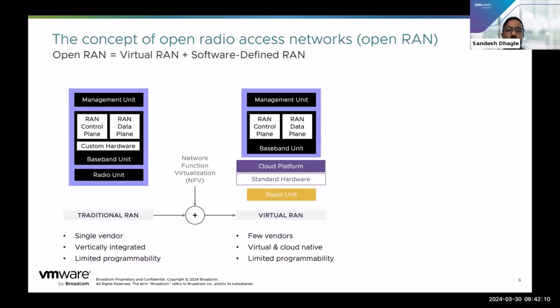That is called network function virtualization, wherein we virtualize the RAN, but the software was still tightly coupled. So all of that software would come bundled together, and there was still very limited programmability. However, with virtualization, you could use COTS hardware to run those RANs. So there was some additional benefit to that.